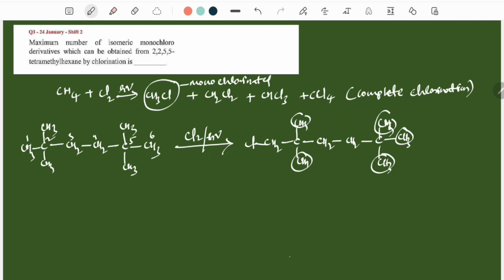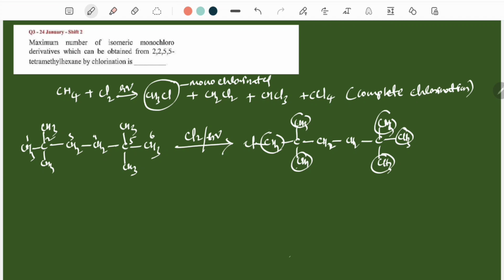Now where chlorine attacks, it gives the same product. For example, CH2Cl here, also CH2Cl here, here also. Now the compound has the same name. It has one structure, the name is the same. It is one possibility. The first one is a possibility.